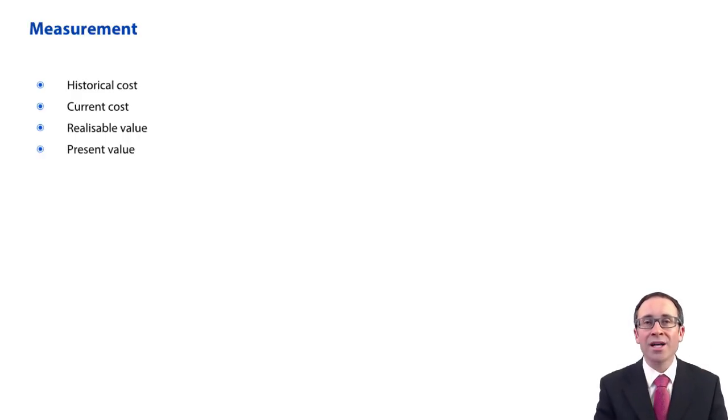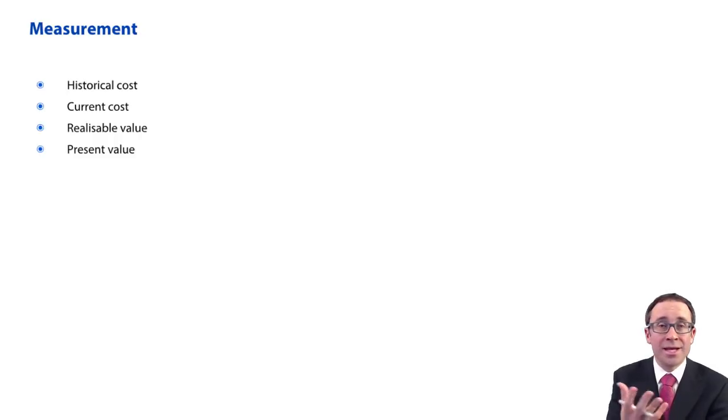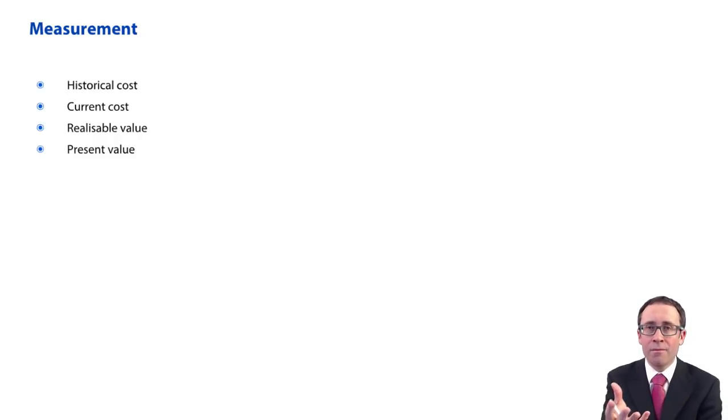What about your realizable value? Well, we've looked at inventory, the lower of cost and NRV. So the cost is the historical cost. The realizable value is effectively what you can sell it for less any costs to sell. And then you've got your present value. So we will look at valuing, potentially under fair value accounting, the cash flows that this asset generates and then discounting them back to present value.